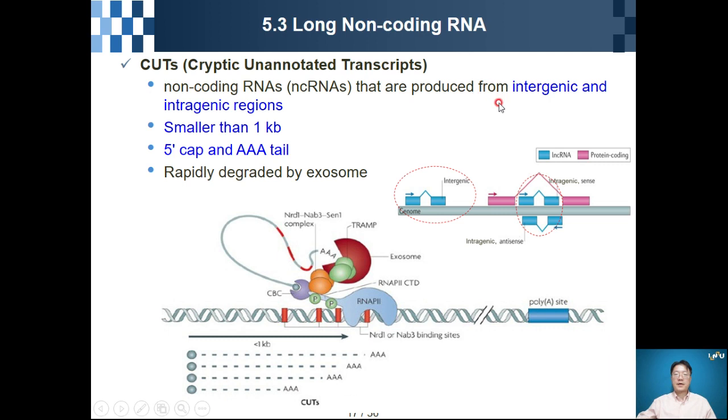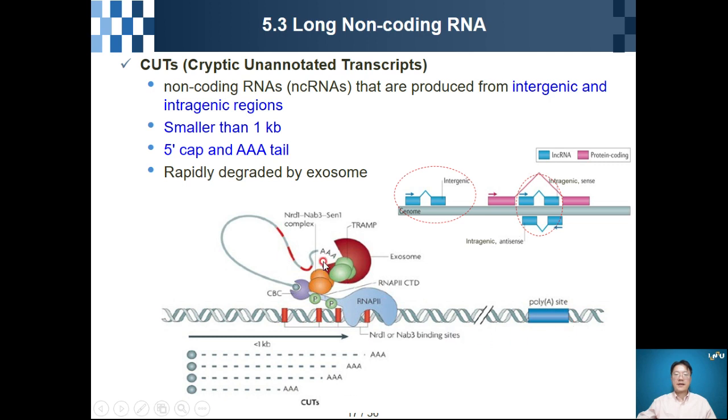produced from intergenic and intragenic regions. Okay, usually the length is less than 1 kb. So they have the 5' cap, and they have the poly A tail, but not full length. Okay, so actually the poly A site is located here.